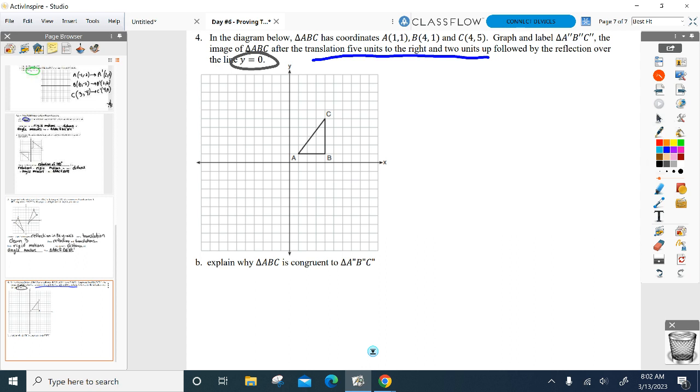So, translation 5 units to the right and 2 units up. You can call this prime because look at our last one. They want us to call it double prime at the end. So if you want to call this prime, that's fine.